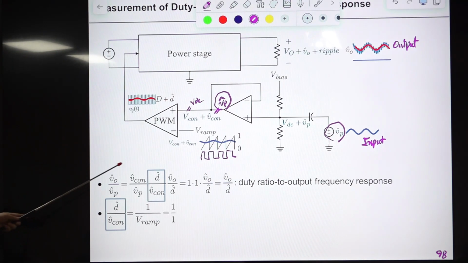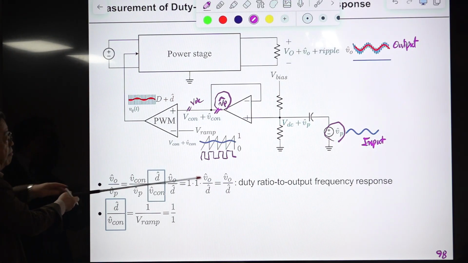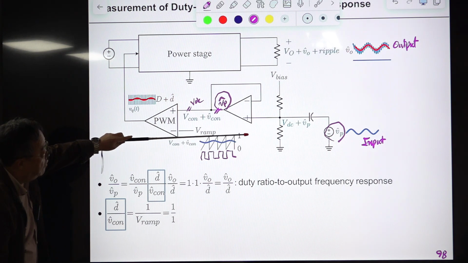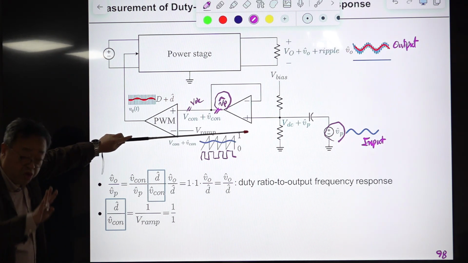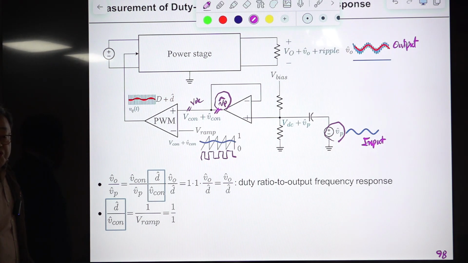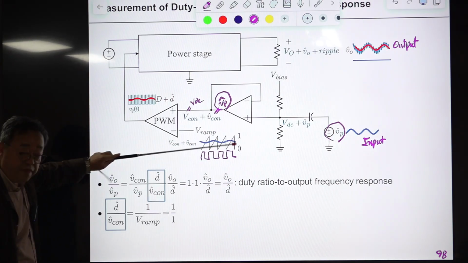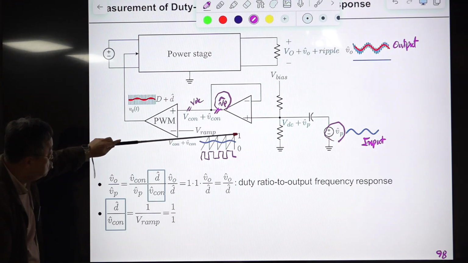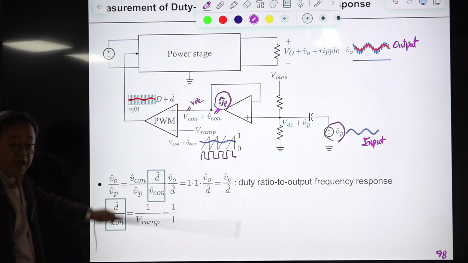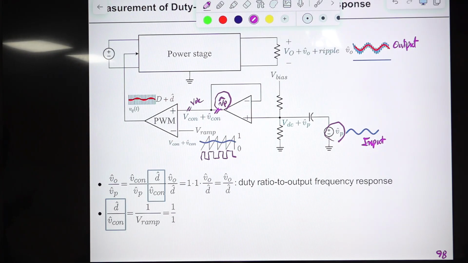Later on, we derive this, and this value is given by just the magnitude of this ramp function in the denominator, and the numerator is just 1. If this peak value is 1, this is 1. If this peak value is 2 from the ground, then this becomes 0.5, something like that.